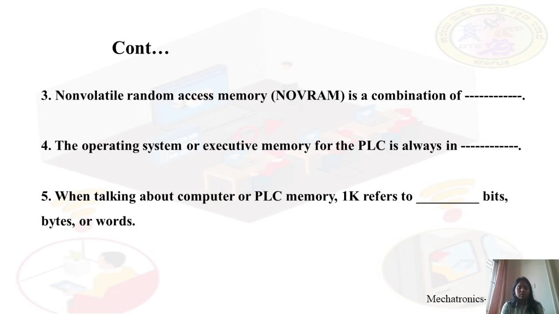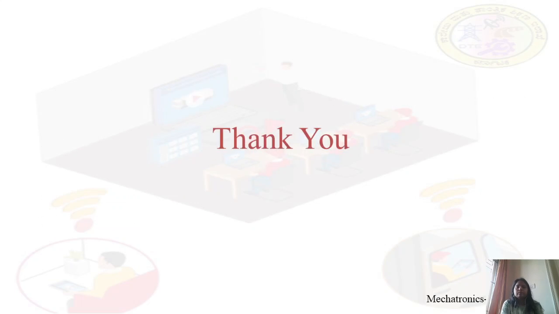We have seen the memory size. 1K refers to how many bits? That is 1024 bits. Understood? 1024 bits is the answer. Okay. I hope today you understood the session about the different types of memory. Thank you for listening.